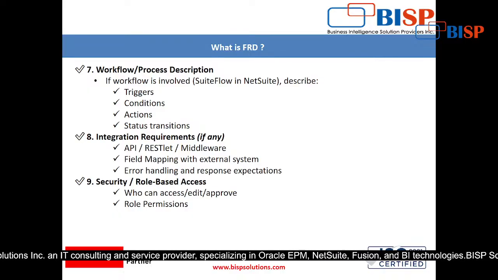Okay. Now let's talk about the workflow process description. If a workflow is involved, SuiteFlow in NetSuite describes it. Now describe the triggers, conditions, actions, status transitions. Yeah, this is most interesting. In a workflow there are 4 major things.